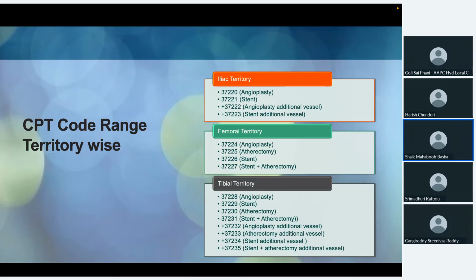That is the reason we are not giving the new 2026 codes over here. Definitely we will take a session based on the 2026 changes. I hope you got the answer. If I add 2026 CPT codes, what is the use of that? We are not going to use them, right? Currently we are in November DAS.